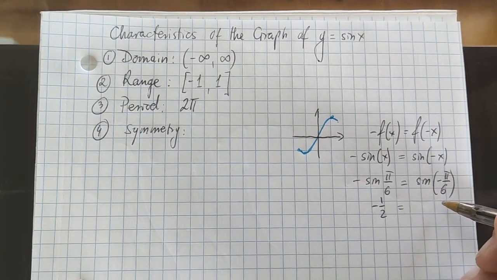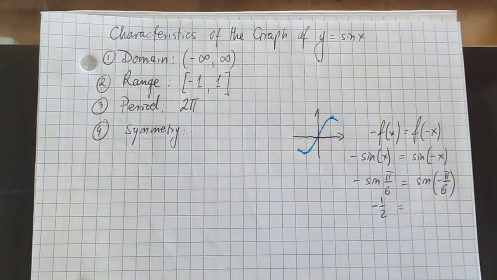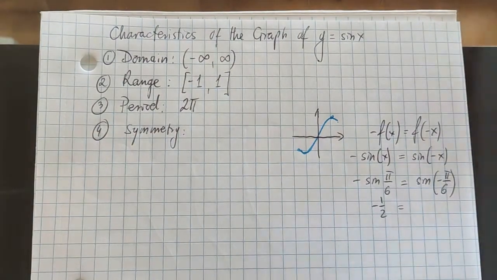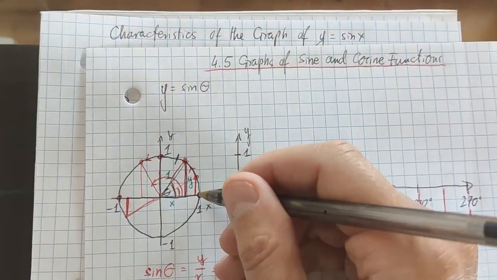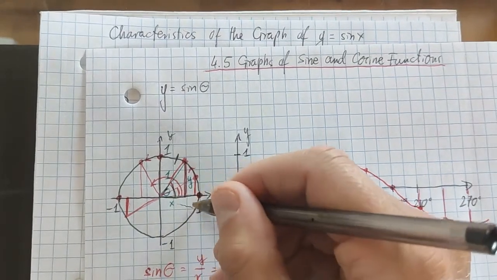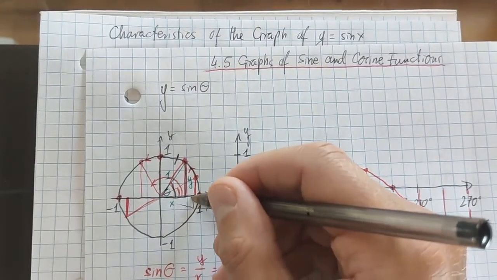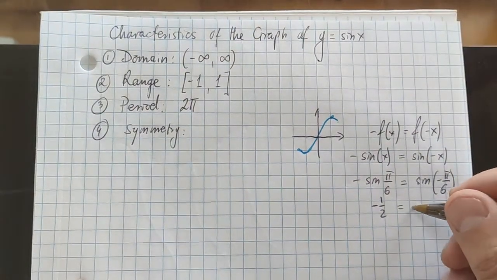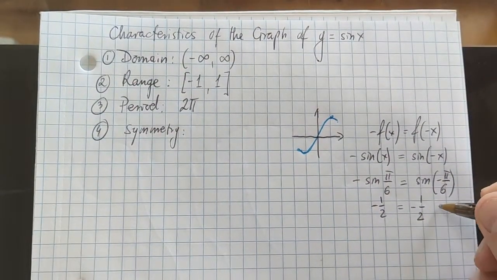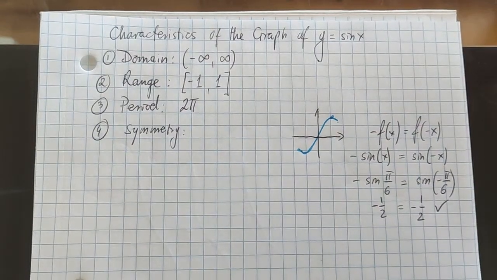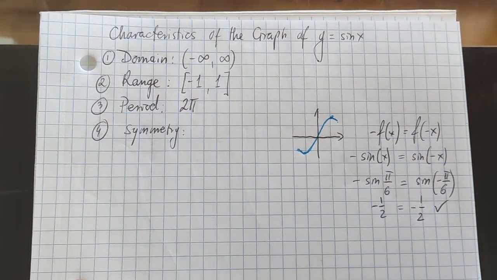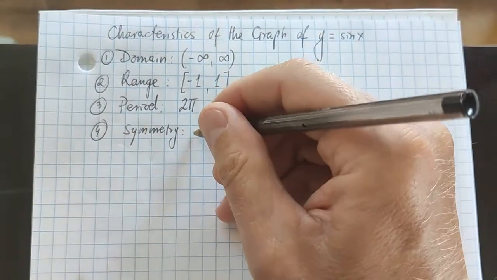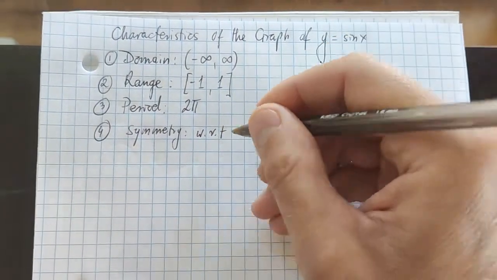And here I'm below the x-axis, this will be my triangle, so I'm looking at this length, and it's -1 over 2. So indeed, it's symmetrical with respect to the origin.